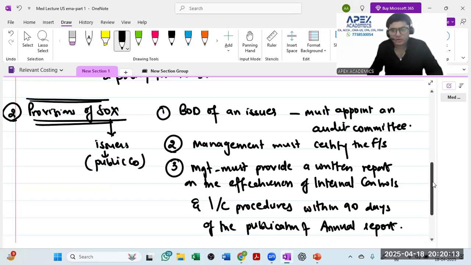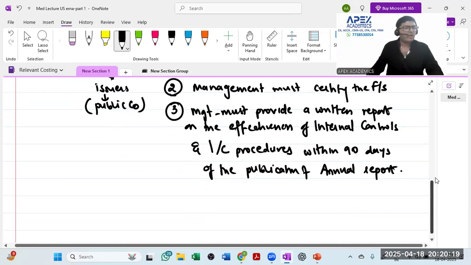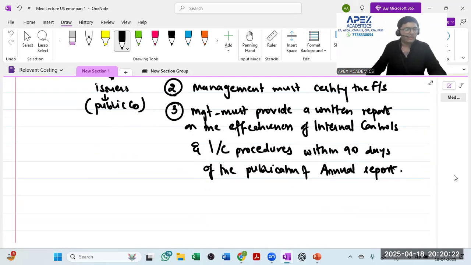The management must provide a written report on the effectiveness of internal controls and internal control procedures within 90 days of the publication of the annual report.